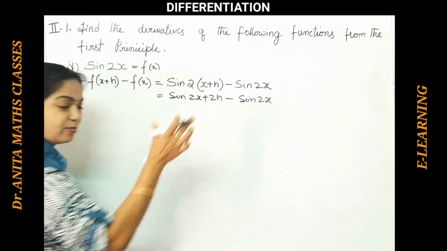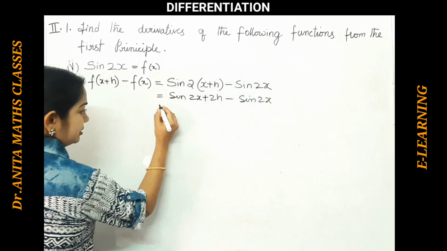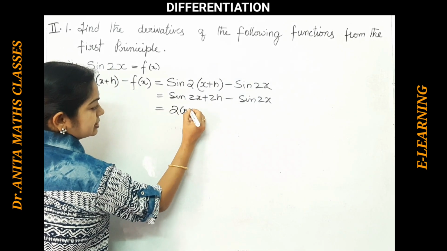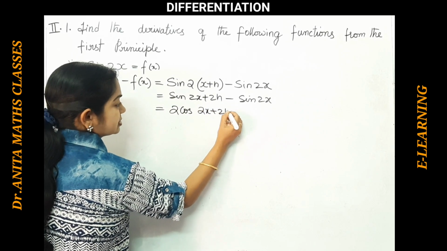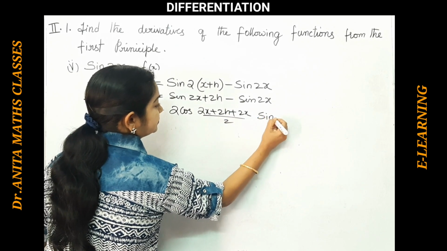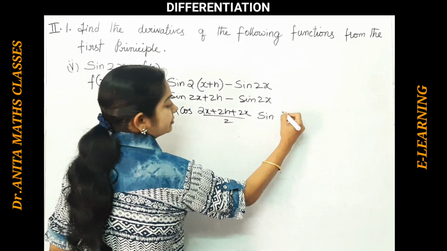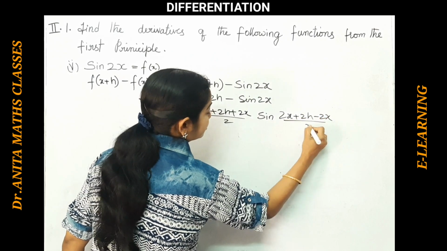So this is in the form of C and D formula, sine C minus sine D. So that is nothing but 2 cos of (C plus D) by 2, that is (2x plus 2h plus 2x) divided by 2, sine of (C minus D) by 2, that is (2x plus 2h minus 2x) by 2.